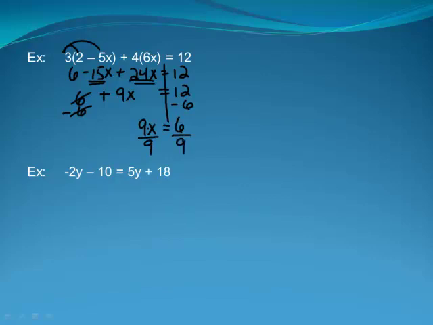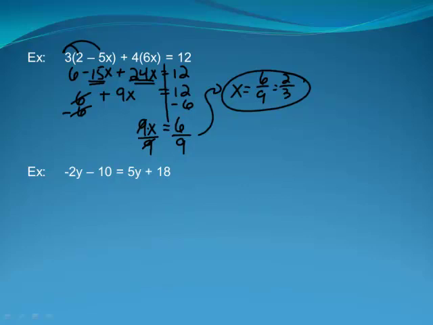So divide both sides by 9. And I'm left with a solution of x equals 6 over 9, which is a fraction that must be reduced. If you take a 3 out of both top and bottom, 6 divided by 3 is 2, 9 divided by 3 is 3. And we have a final answer of x equals 2/3.